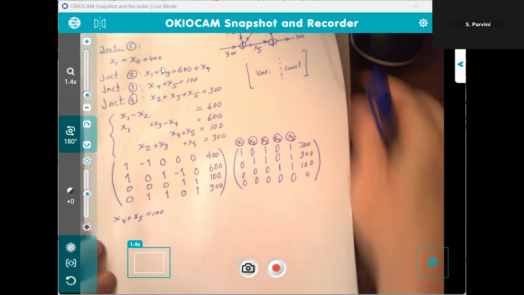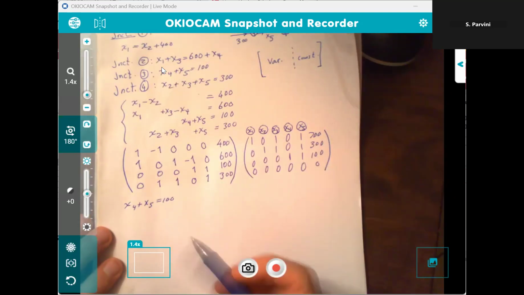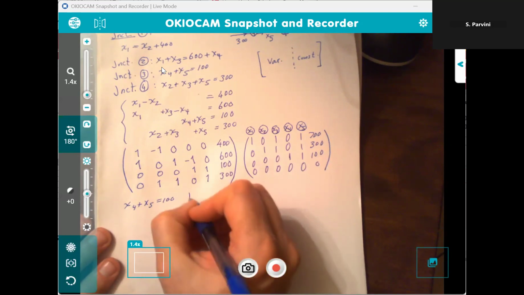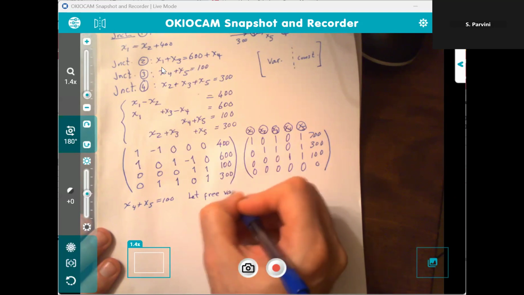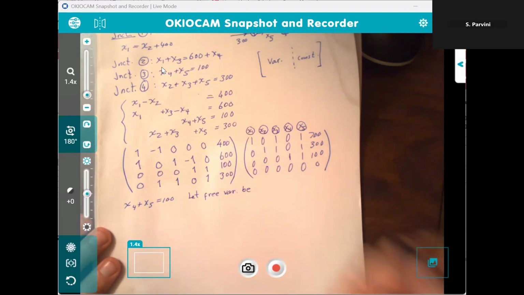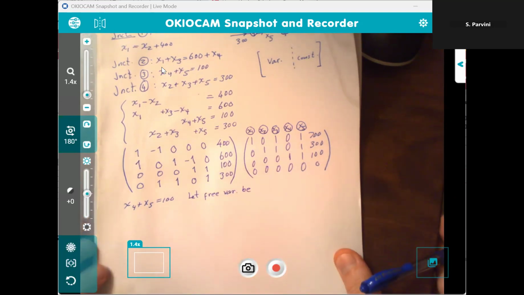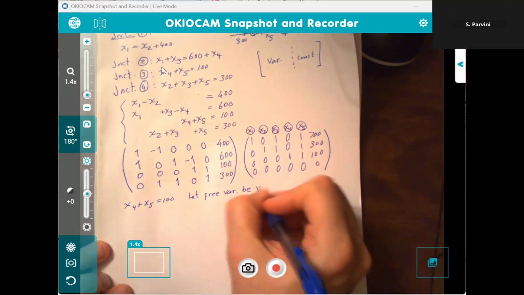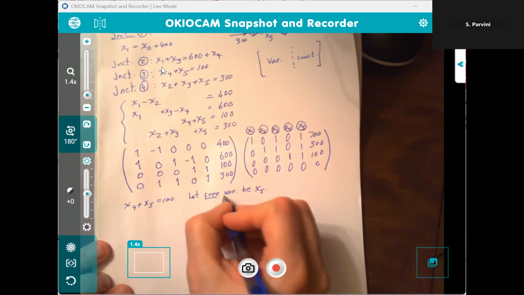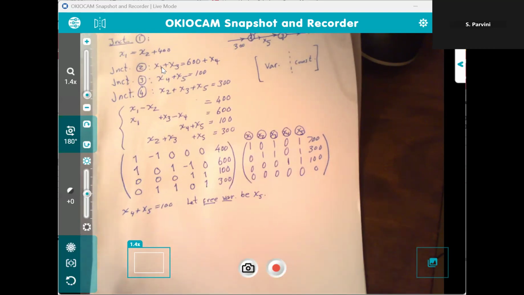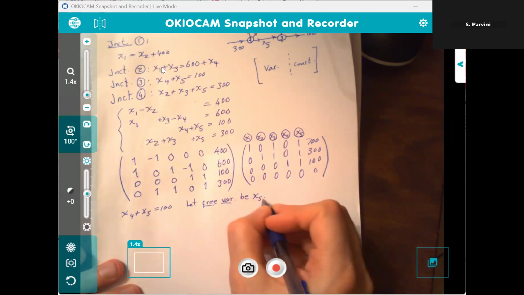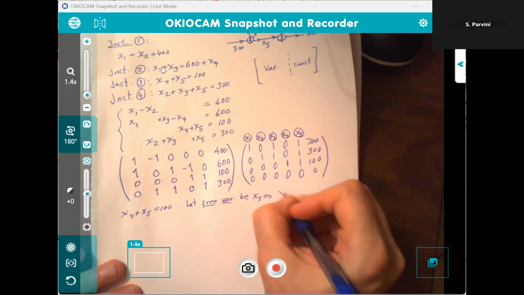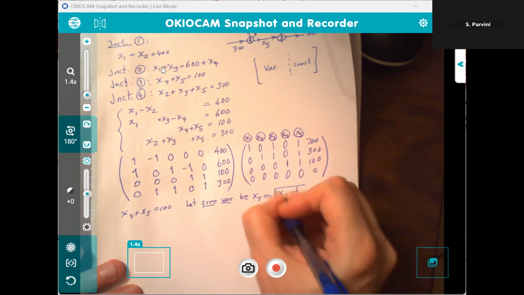Now, what are you going to let your free variable be in that equation? X5. Thank you. Again, free variable means it's free to take on any values. So we're going to let the free variable be x sub 5, which means x sub 5 is t.